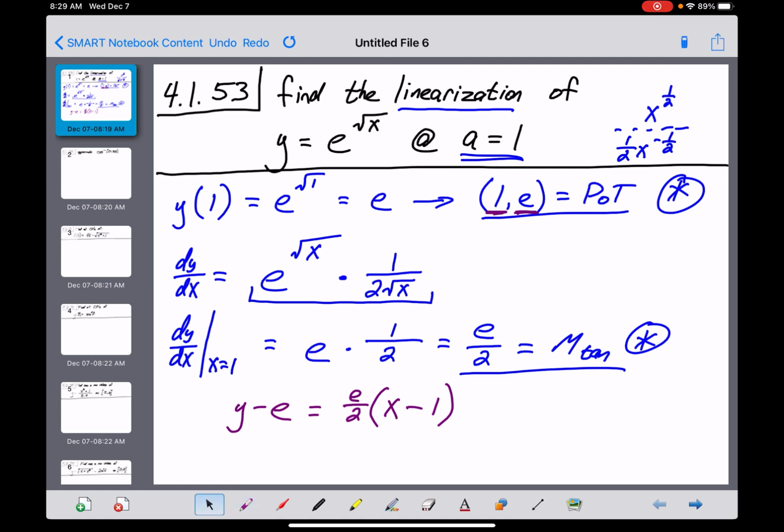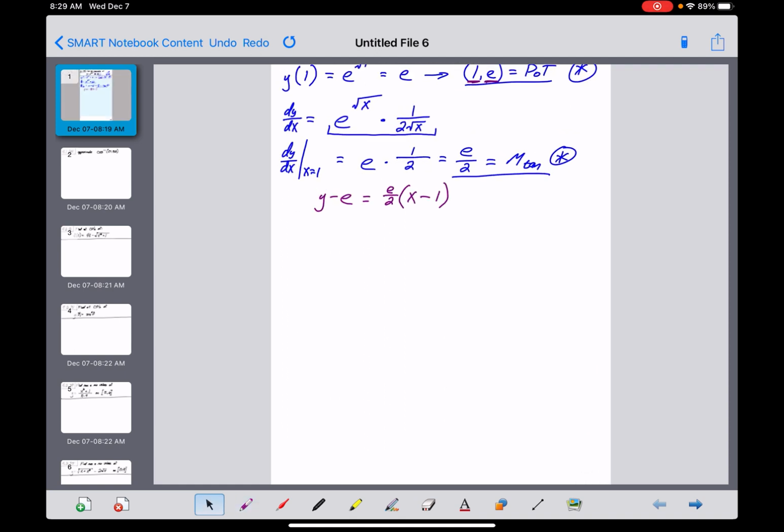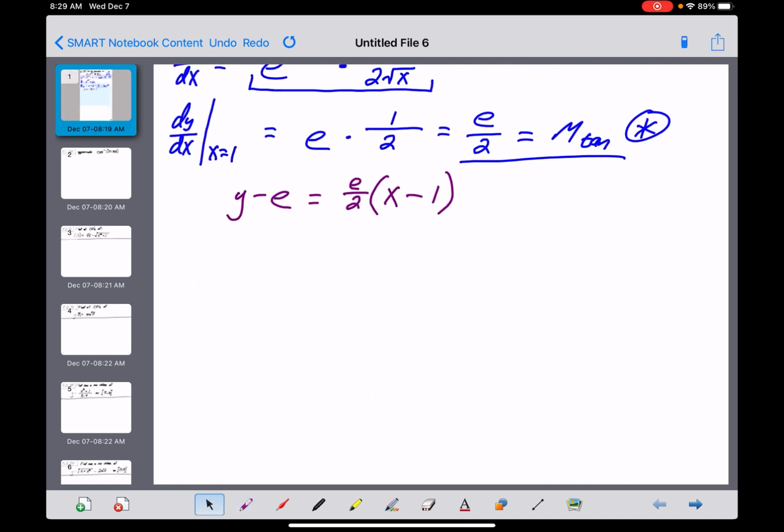Now, one little rule for linearization here, they always want the answer solved for y, because we're usually going to call that something a little bit different at the very end. And I think in this case, there is something to be gained by distributing that e over 2, the slope, into the binomial. So that next step is going to be y minus e equals e over 2 times x, and then minus, rather than just writing this as e over 2, I'm going to write that as 1/2 e. I think you'll see why in just a second.